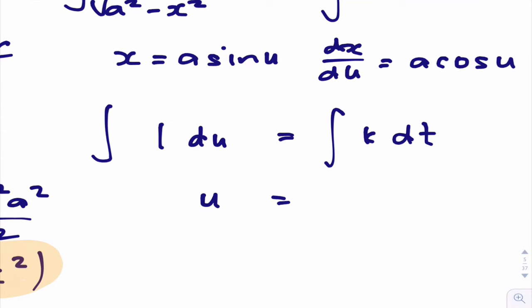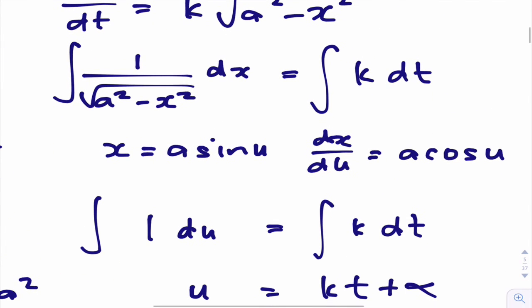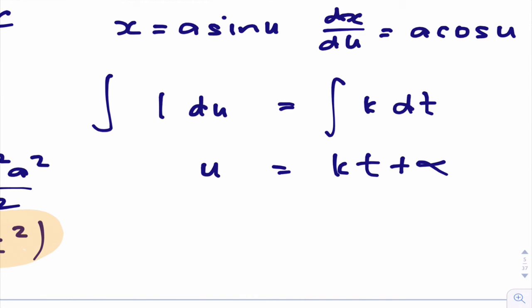That just gives you u equals kt plus c. Sometimes we use alpha, and I'm going to be using alpha, so I'll use alpha there. So remember, our x was equal to A sine u.